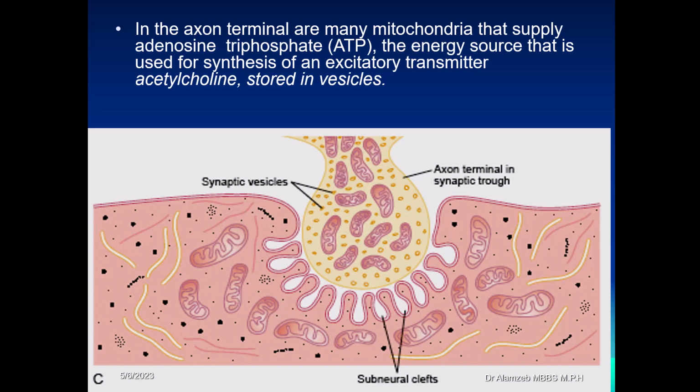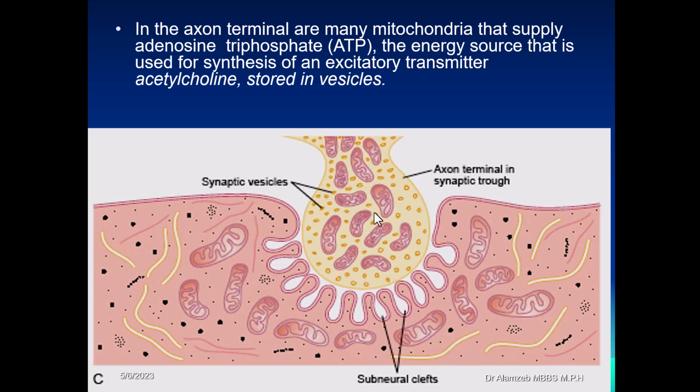In the axon terminal are many mitochondria that supply adenosine triphosphate, ATP, the energy source that is used for synthesis of the excitatory transmitter acetylcholine stored in the vesicle. You can see that in this neuron terminal we have mitochondria. These mitochondria contain ATP, which is adenosine triphosphate.